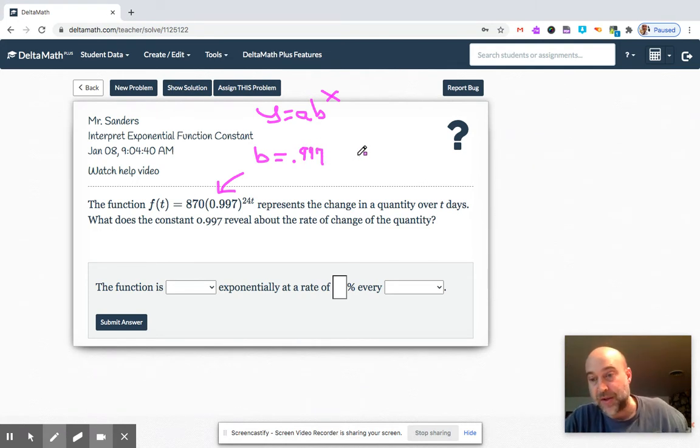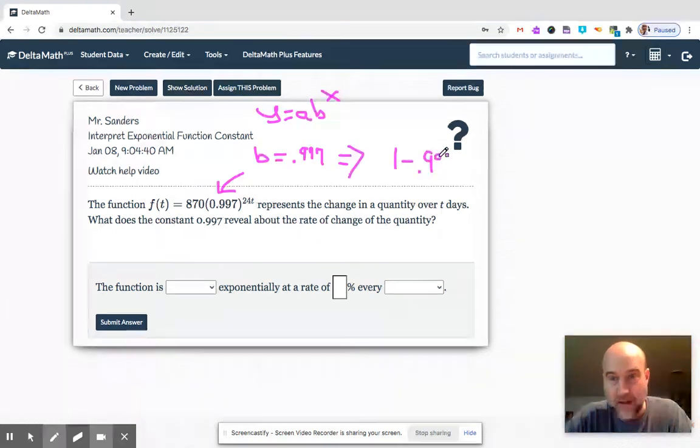Let's subtract that from the original 1 to see how much it's decreasing by. So we have 1 minus 0.997, which is equal to 0.003. So compared to the original, it's 1 minus 0.997, which is equal to 0.003.